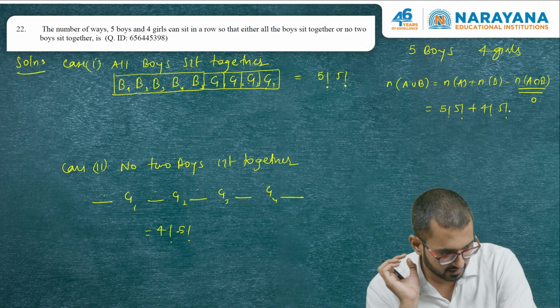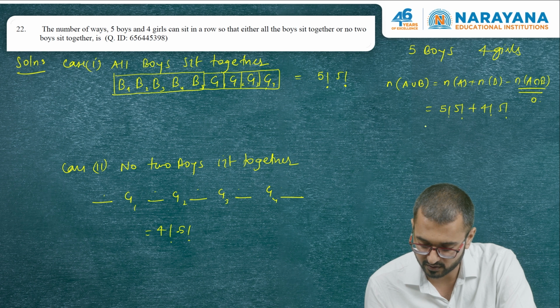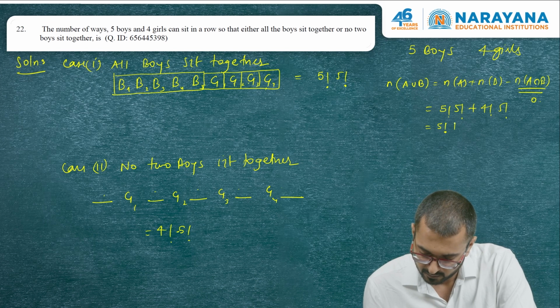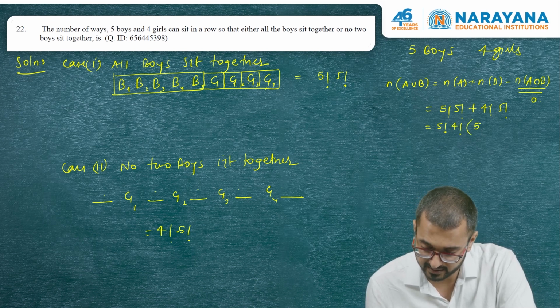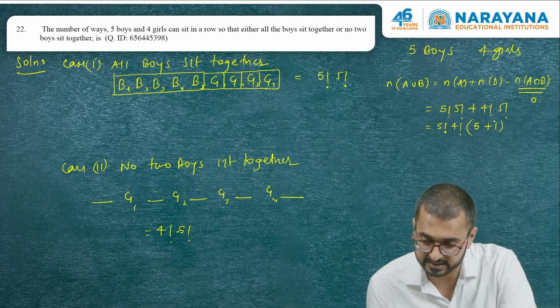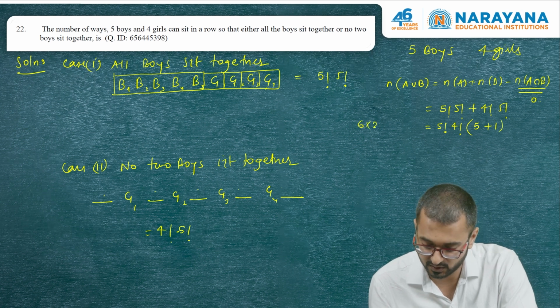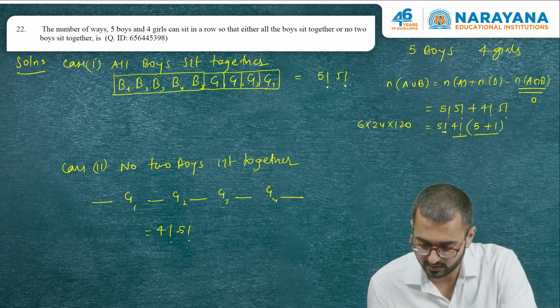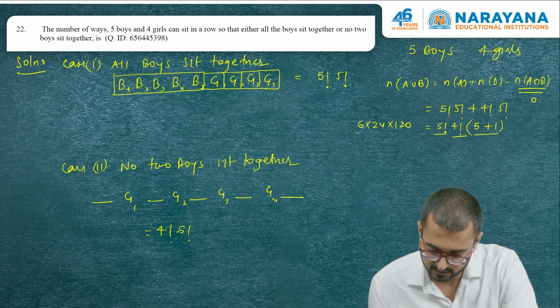So let us write down the total. This will give me 5 factorial, we can take it common, and 4 factorial we will also take common, and we are left with only 5 here plus 1. So this is 6. So I have here 6 into 24 into 120. 12 into 6 will give me 720 into 24.